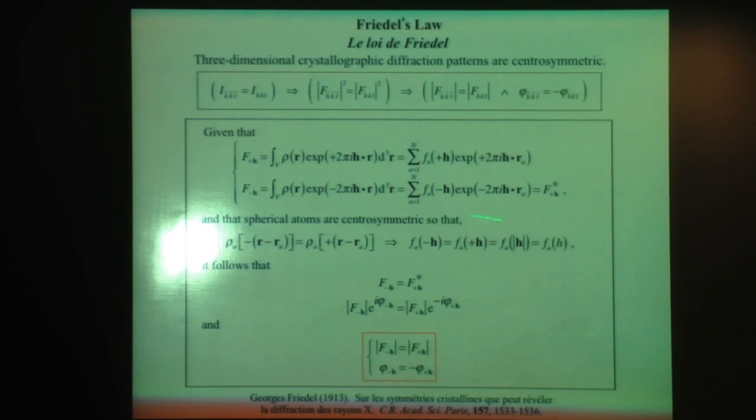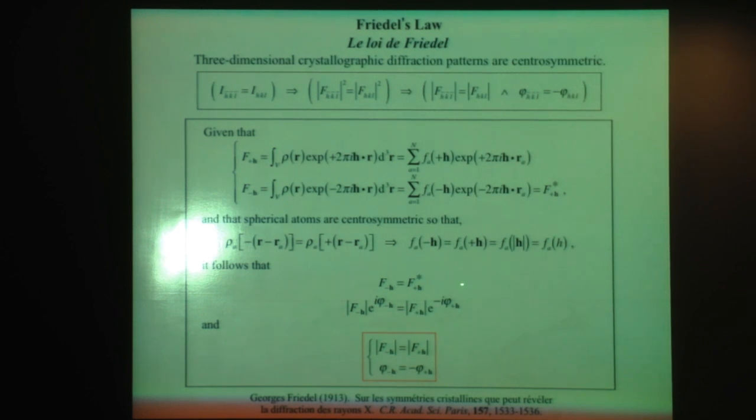And that means that the atomic scattering factors for that atom are the same for the negative H direction as the positive H direction. So there's just the one scattering factor representing the atom A. We don't need to distinguish in the scattering factor between plus H and minus H.